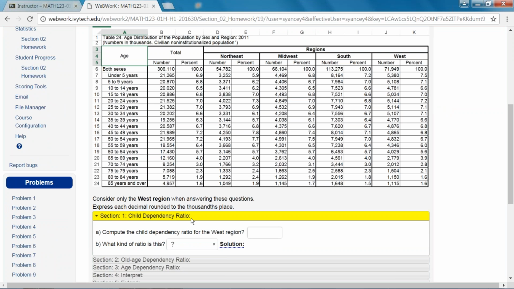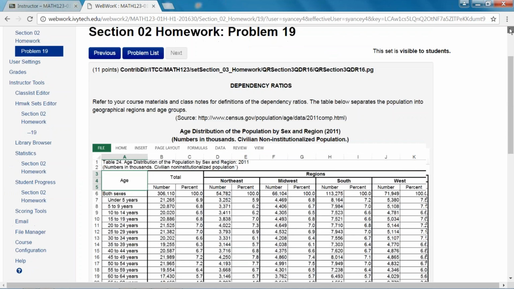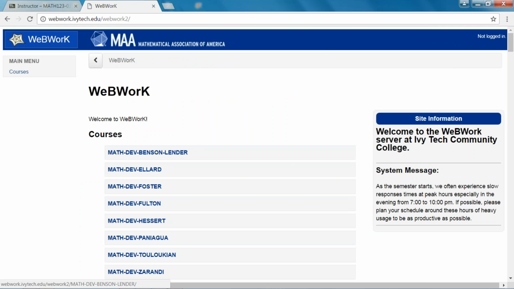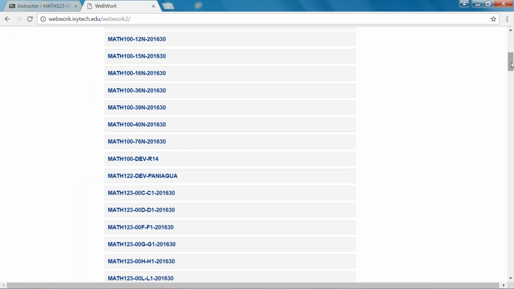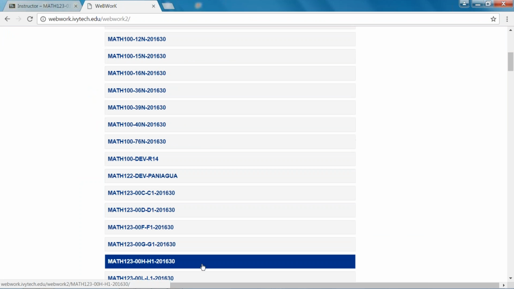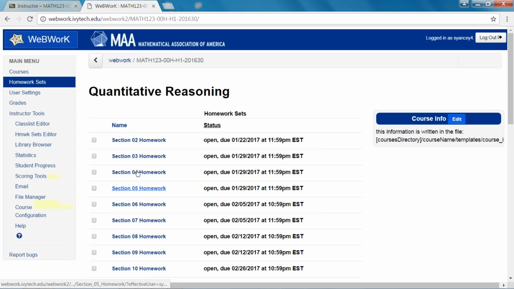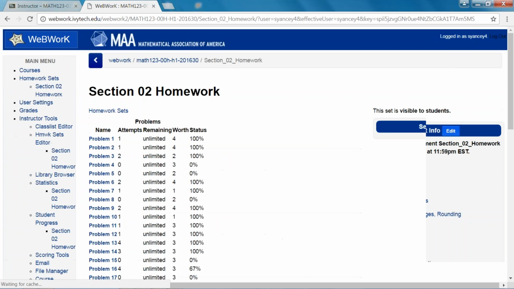Okay. So for the child dependency ratio, what are we going to do? What's our numerator going to be? So children under the age of 15?